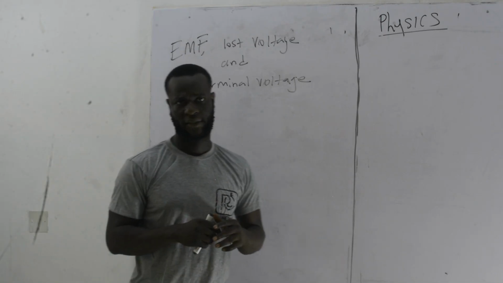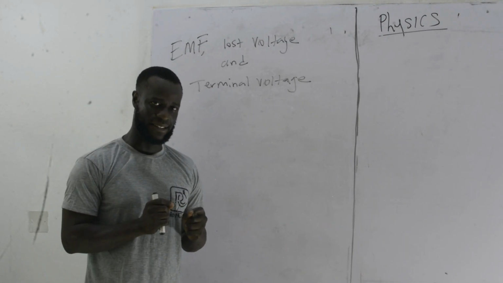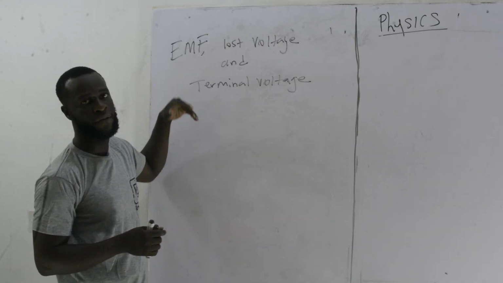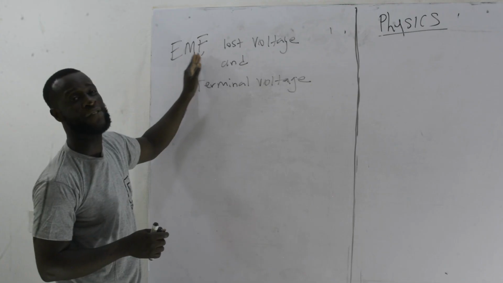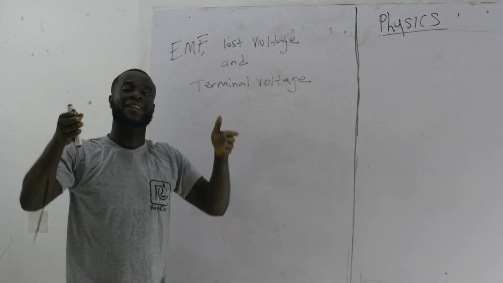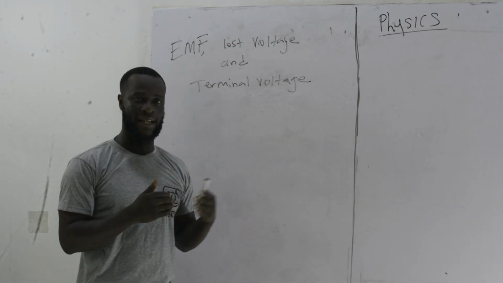Now, that being said, every cell has an internal resistance. And what do we mean by EMF? The full meaning of EMF is electromotive force. And the electromotive force is the total potential difference across the terminal of the cell when it is not delivering current to an external circuit.